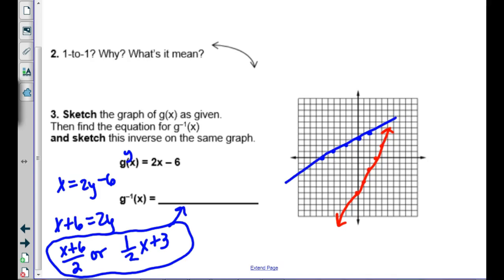And it should be the reflection across this line. Pretty close, considering how badly I graph on this thing. Any questions about that?